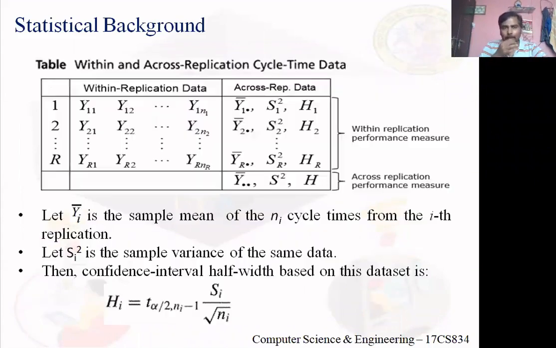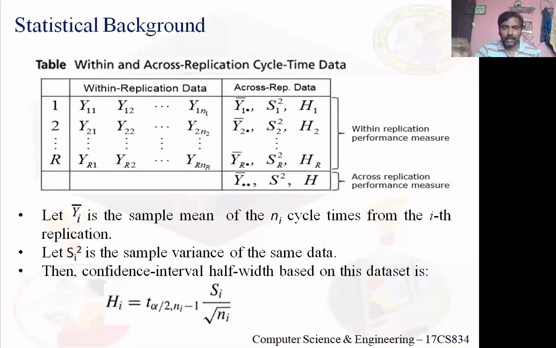The second column is the within-replication data, meaning within a particular run. Y11, Y12, Y13, up to Y1N1 are the response times of individual customers, or cycle times of individual parts, observed within that replication.